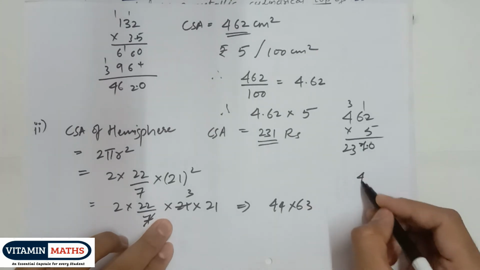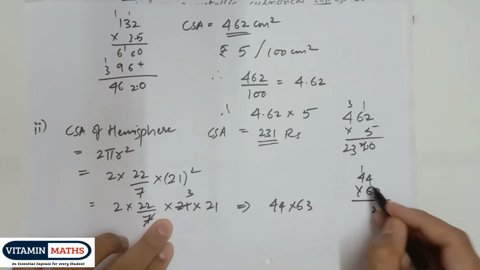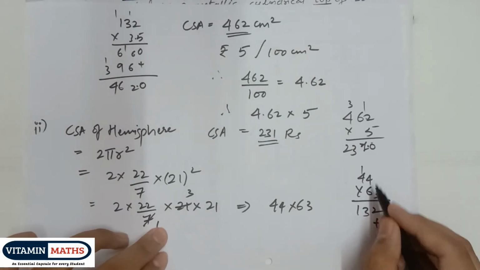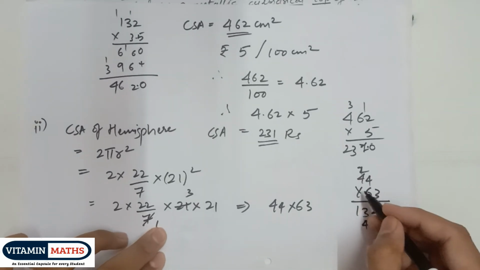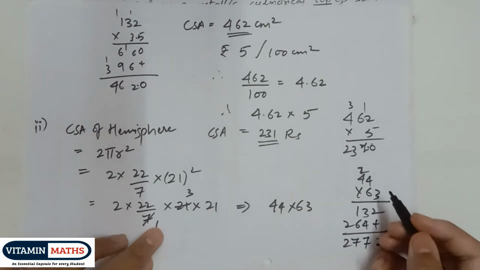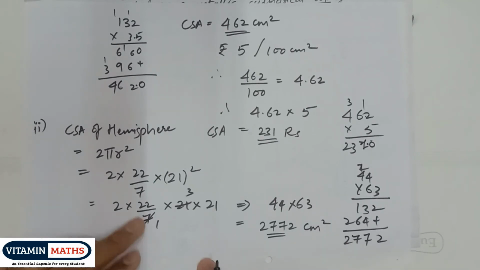So you have to calculate this: 2 6 4 24, 26, 2 7 7 2. So total it is 2772 centimeter square. So this was the question asked for 2 marks in the board exam.